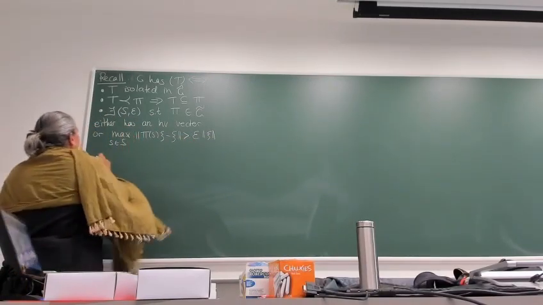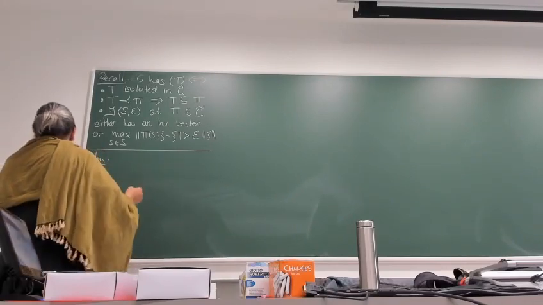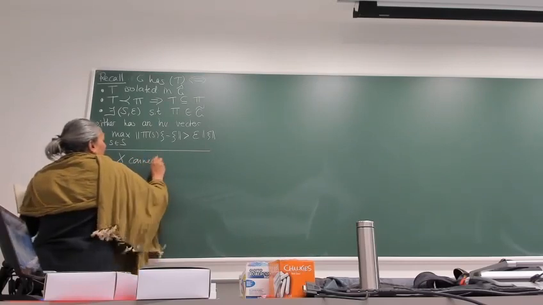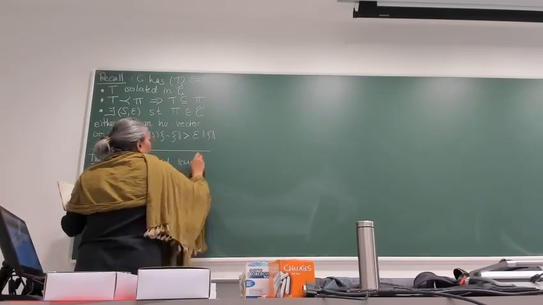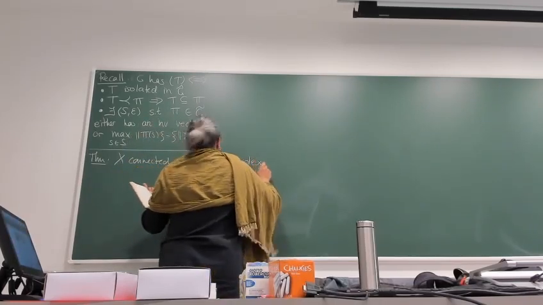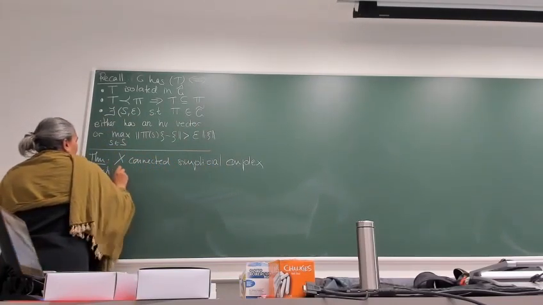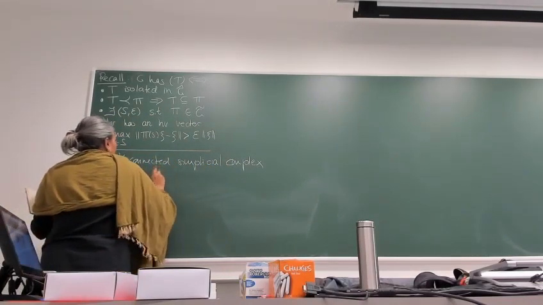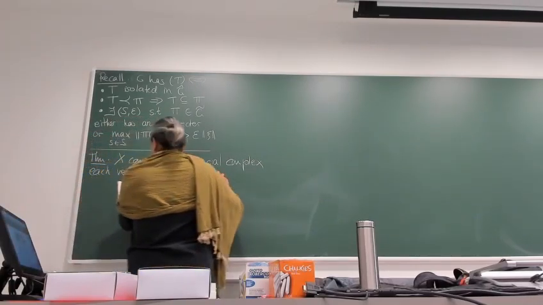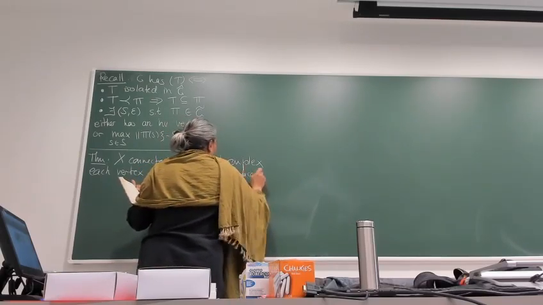So there is a theorem which I didn't want to prove, but I think it's important to mention it. If you have a connected simplicial complex, and you assume that each vertex belongs to some two faces, I mean, the building will be fine.